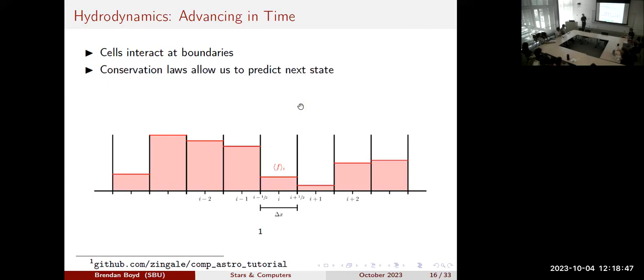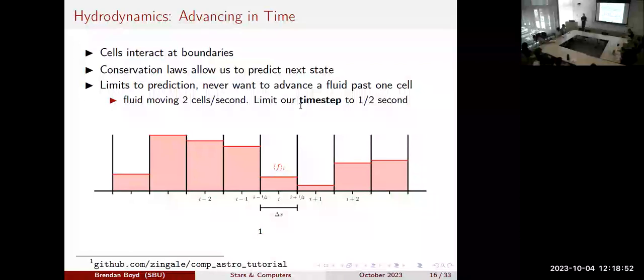That's because when we are predicting with these conservation laws, we don't want to move any fluid more than one cell at a time. So if a cell has some velocity of like 2 cell widths per second, we don't want to take a time step more than half a second, because you can't just jump over your neighbor. Otherwise, everything will be unstable and we'll get garbage out of it.